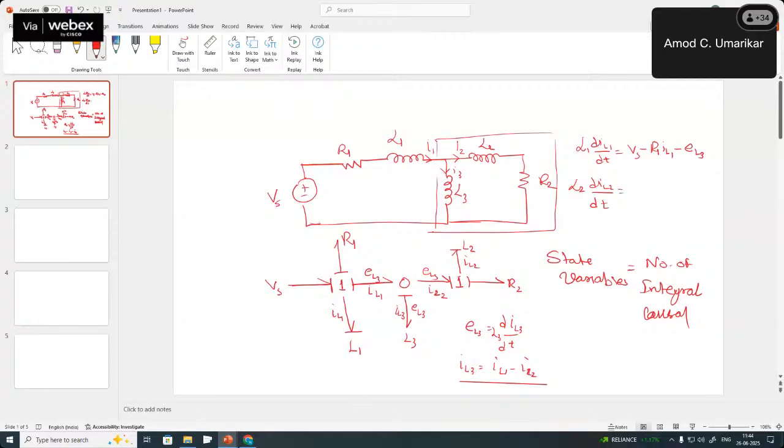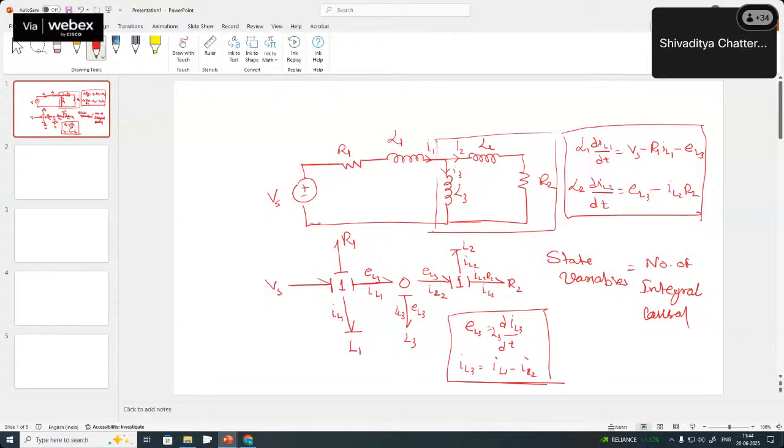is equal to EL3 minus, what is the effort here? IL2 into R2. That's it. These are two integral equations, and this is one algebraic equation.